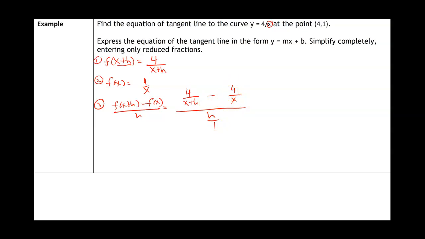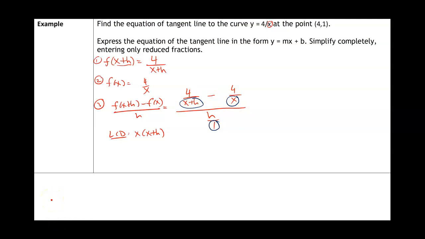So we've talked about this before, that the easiest way to simplify this is to multiply by the least common denominator. Now the least common denominator here is going to be a product of the different denominators we have. So we have x plus h, and we have 1. The 1 doesn't really count because anything times 1 is itself, but we do have to multiply the x times x plus h.